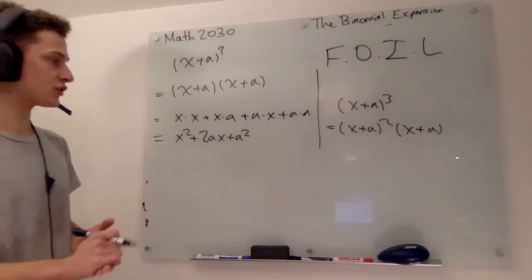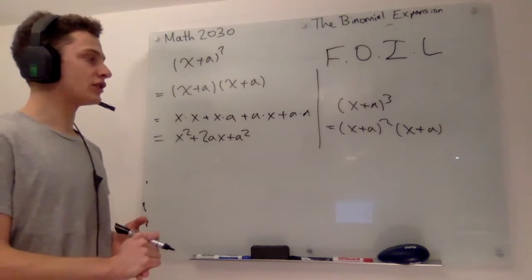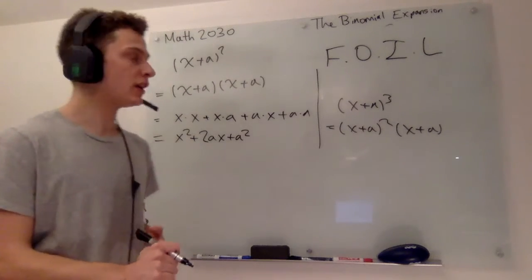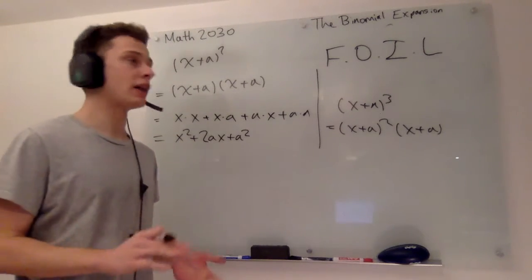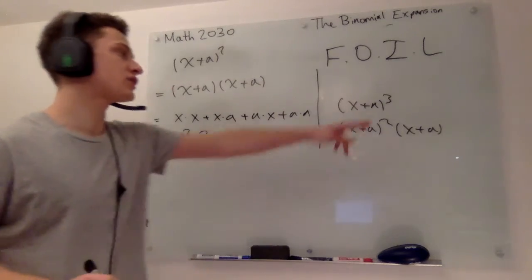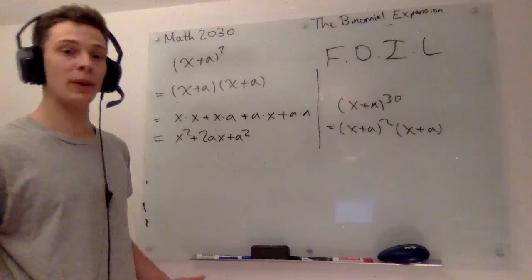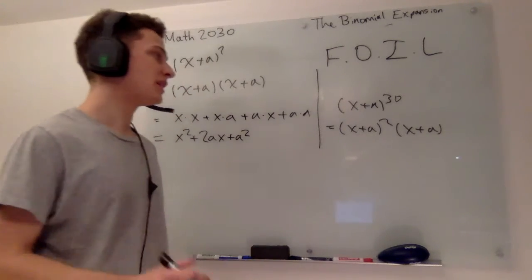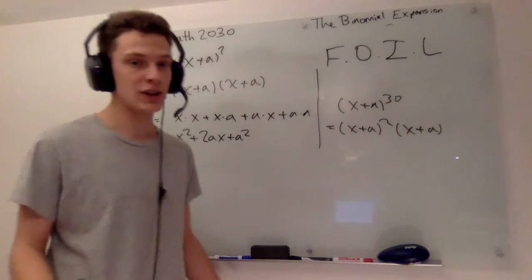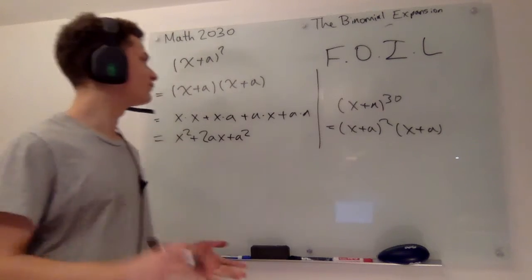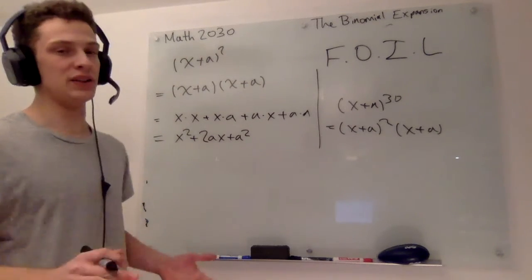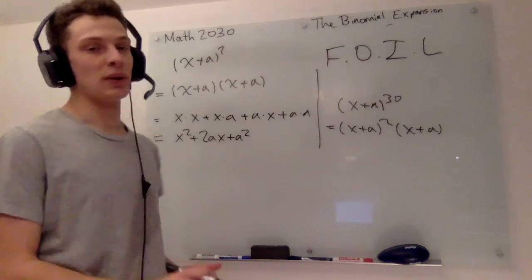We could use distributivity and still come up with the right answer, but this is going to become unwieldy for higher powers than even 3. If we go to 30, just think about how much work you're going to have to do to get a fully simplified expression. So we need a better way to do this. This is not going to work.